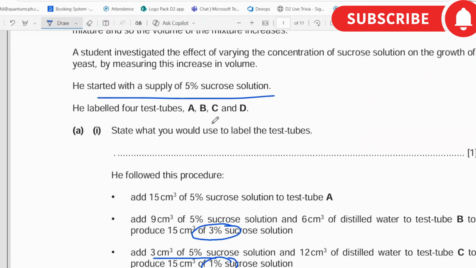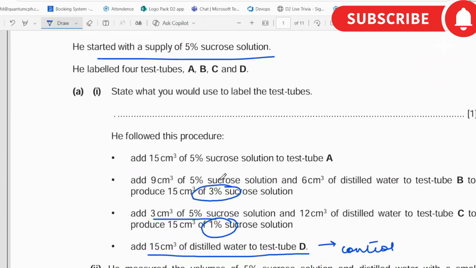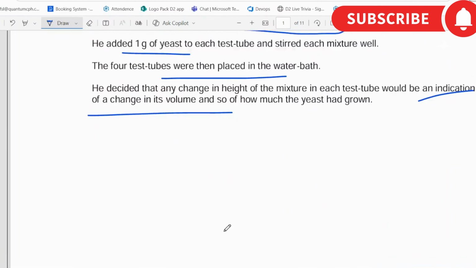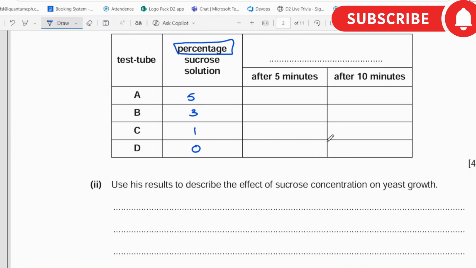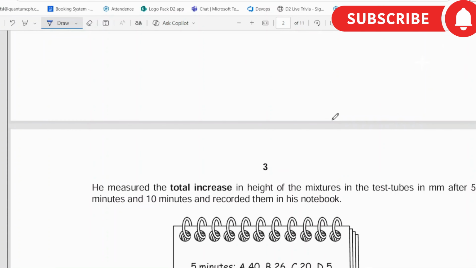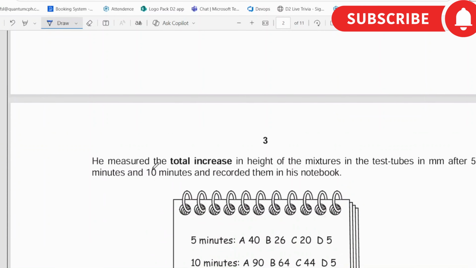Test tube A is 5%. Test tube B is 3%. Test tube C is 1%. So percentage has been given. What should be the heading over here? What has he observed? It's written over here.